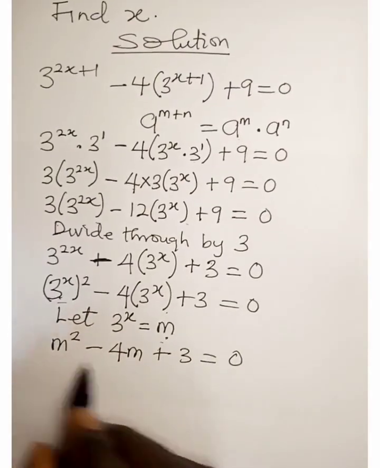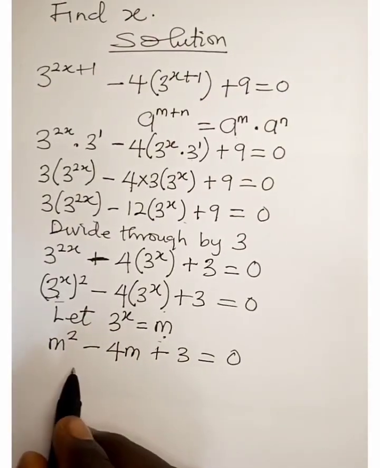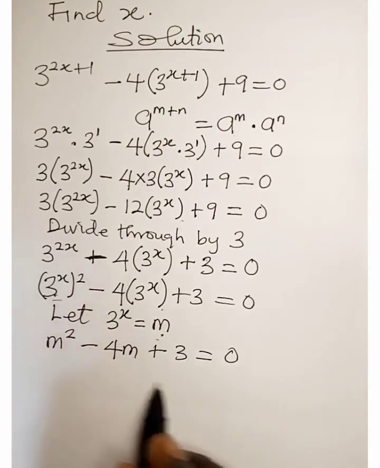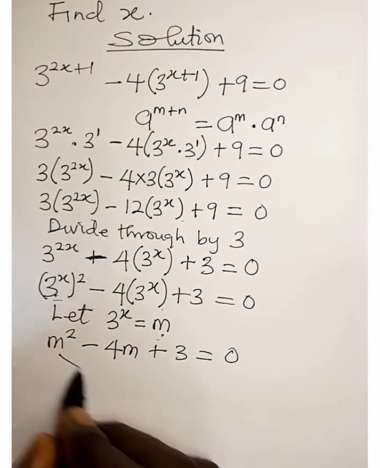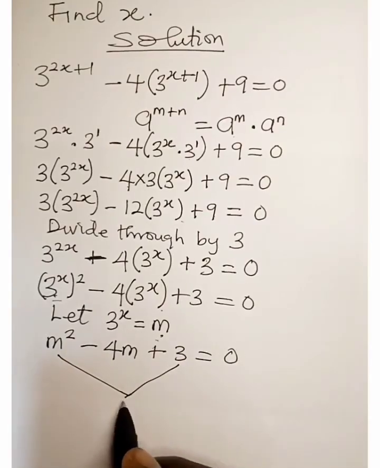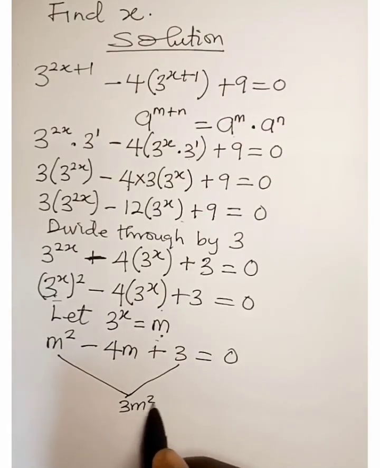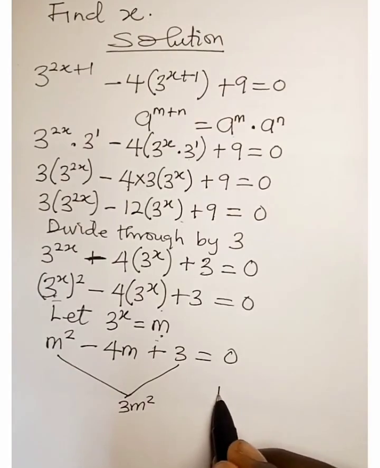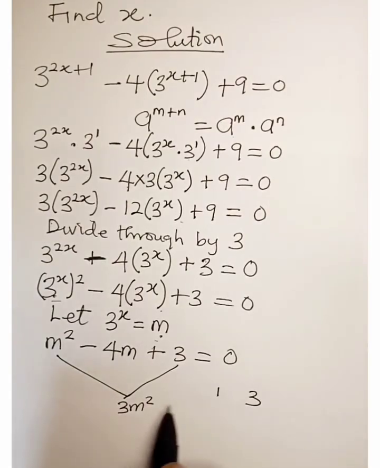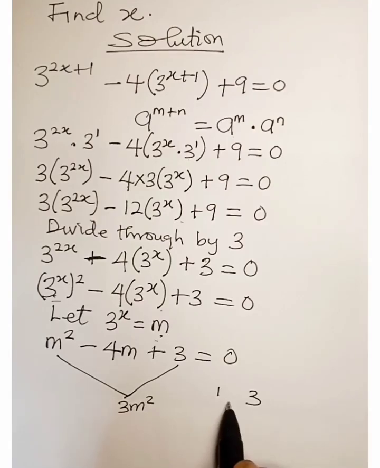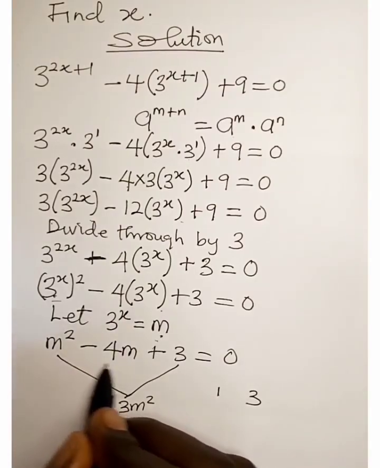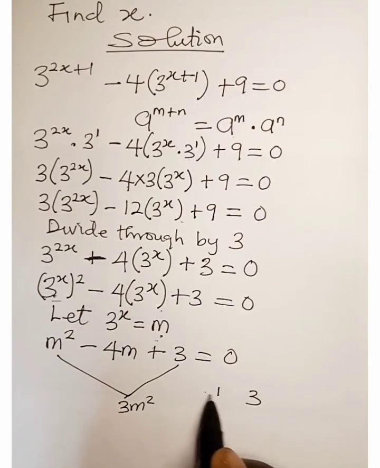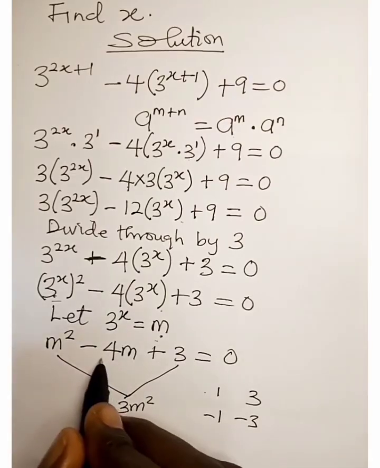Now we have a quadratic equation. In the quadratic equation, we have this multiply this, then we have 3 m squared. What are the factors of 3? 1 and 3. So what I can do to get minus 4 is to apply negative sign to both values. Minus 1 minus 3 will give me minus 4.